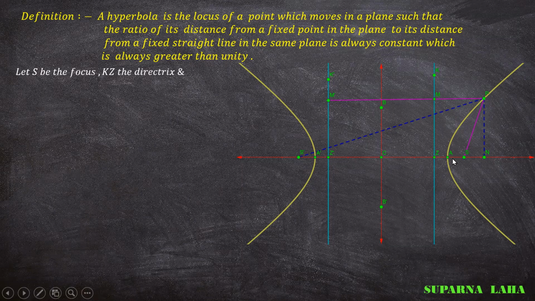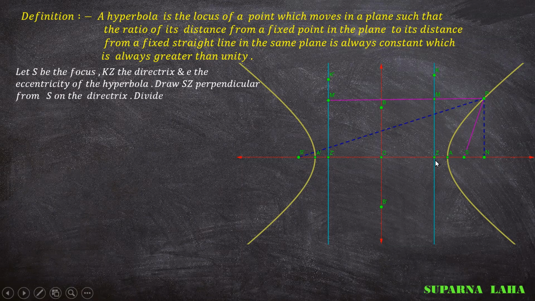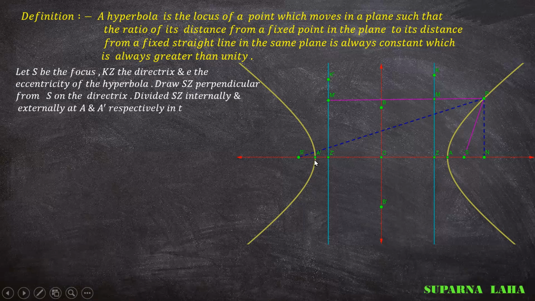Taking S as the focus, KZ as the directrix and E as the eccentricity for this hyperbola, and drawing SZ perpendicular from S on the directrix, which is also the x-axis, this divides SZ internally at point A and externally at point A dash.